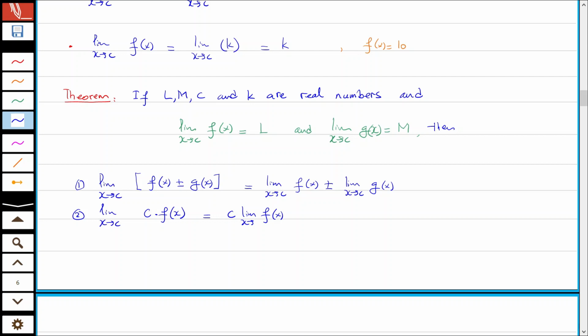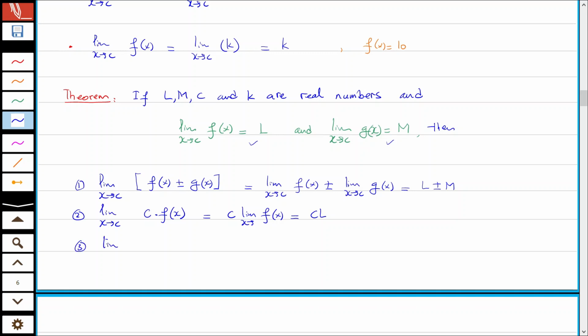This would be equal to c times L, since we are supposing that the limit of f is L. And in the first case, because we are supposing these values for f and g when x goes to c, this would be equal to L plus or minus M. So if you have a constant multiple, the constant comes out, and if you have a sum or difference of two functions, you can actually take the limit separately and then add or subtract the results.